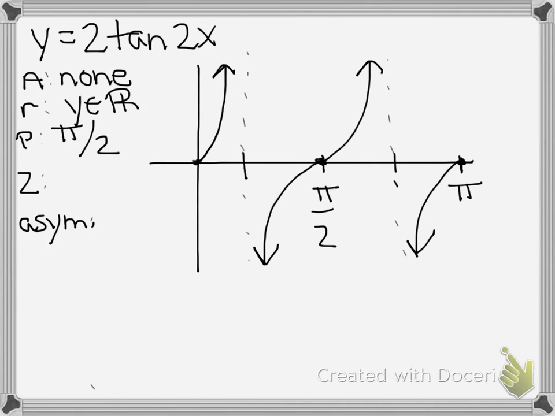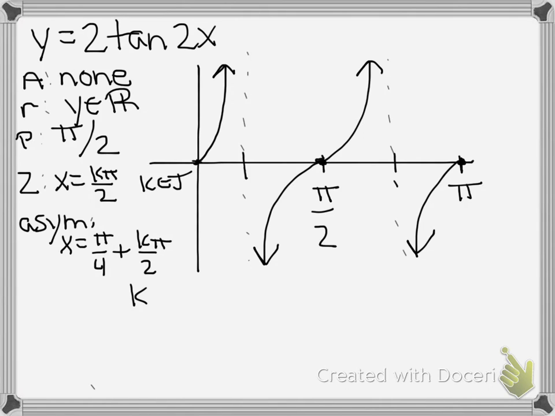Once we have the graph done, now we can go ahead and talk about the zeros. In this case, it's x equals, what's the first zero? 0, plus k times the distance between them, so we can actually just say k pi over 2, k an integer. And the asymptote is x equals the first asymptote, which for us is pi over 4, plus k pi over 2 as well, where k is an integer.